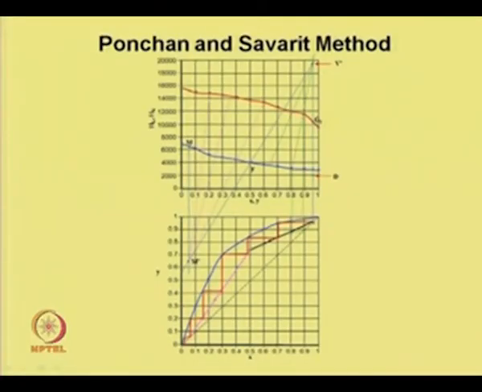In this case we know the equilibrium data, XY data, and we know the enthalpy of the liquid and enthalpy of the vapor, and so we can plot the curves. The lower curve represents HLX and this is HGY.